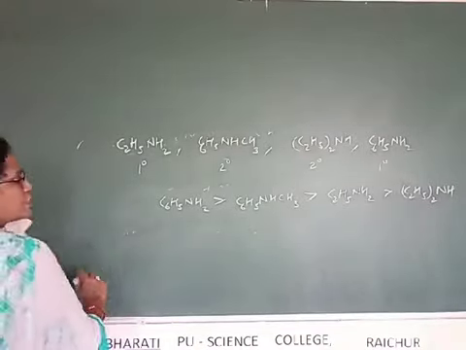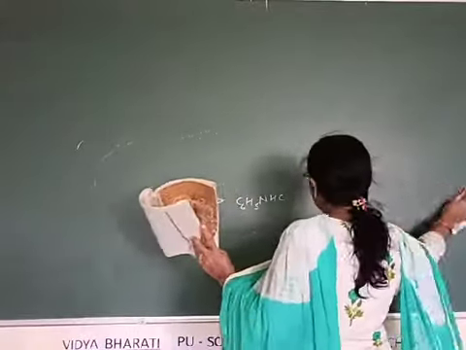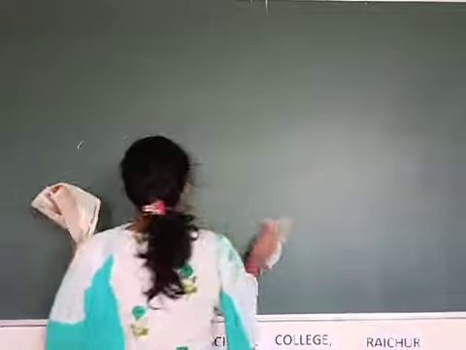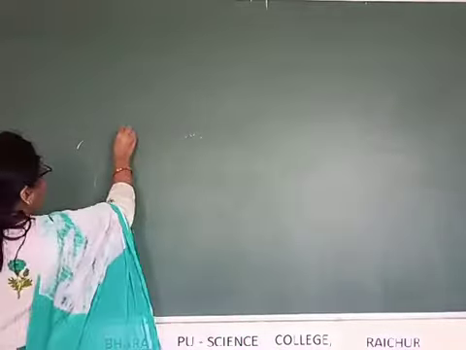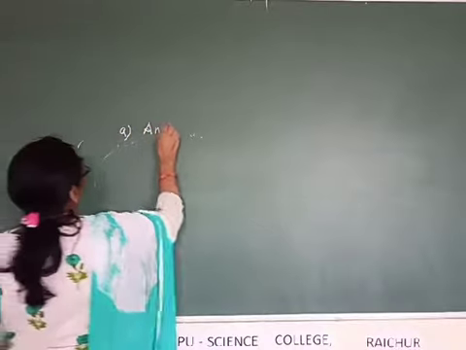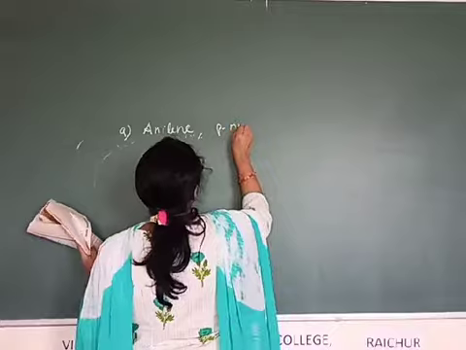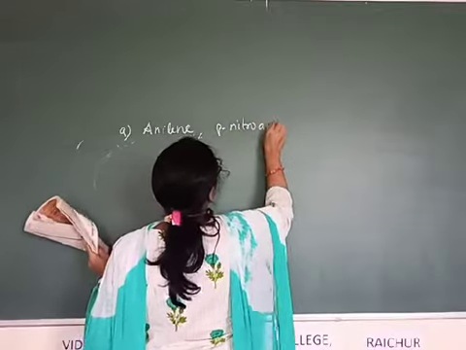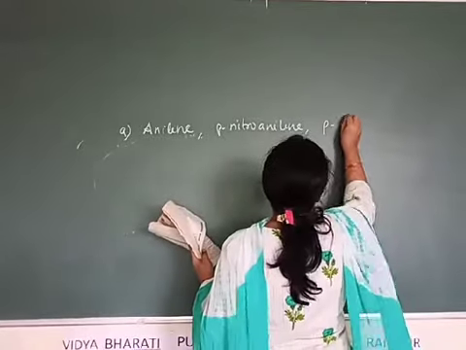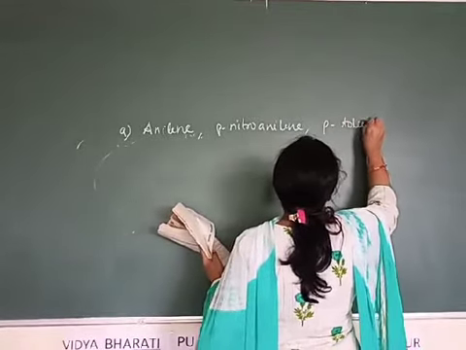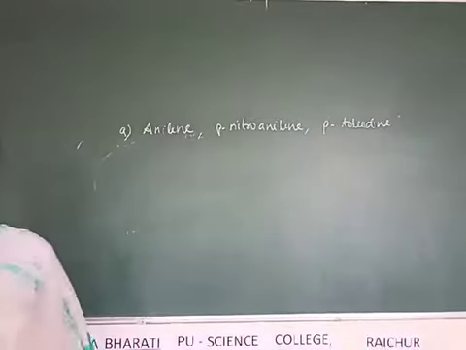Now next one, again we have to arrange in increasing order of basic strength. The compounds given are aniline, then para-nitroaniline, and then para-toluidine.